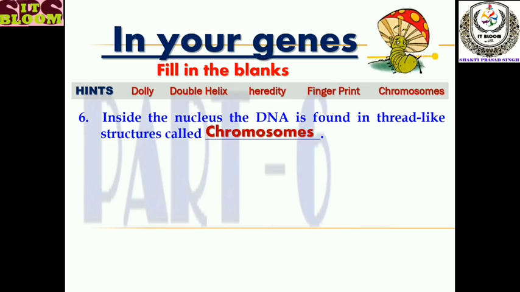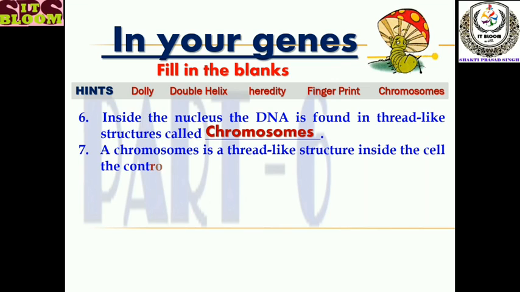Right? Thread-like structure, that is chromosome. 7th question is, a chromosome is a thread-like structure inside the cell. What does it control? It controls heredity from one generation to another generation.